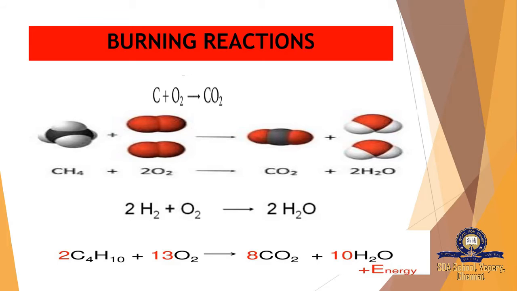Next, hydrogen burns with oxygen to form water vapor, that is H2O. Next, C4H10. C4H10 is the LPG gas formula. It combines with oxygen, burns, and forms carbon dioxide and water. So this is the example for an exothermic reaction, burning.